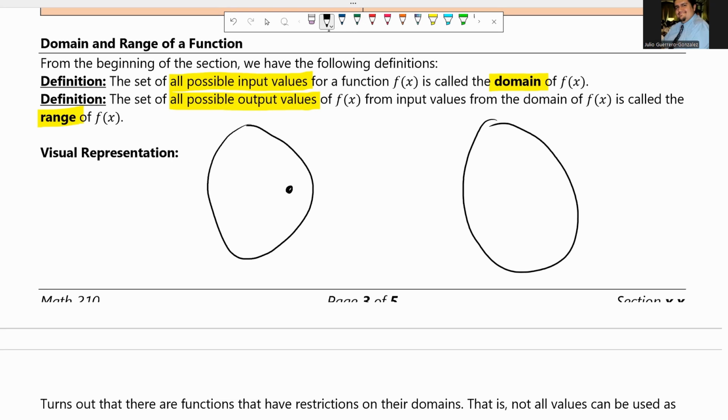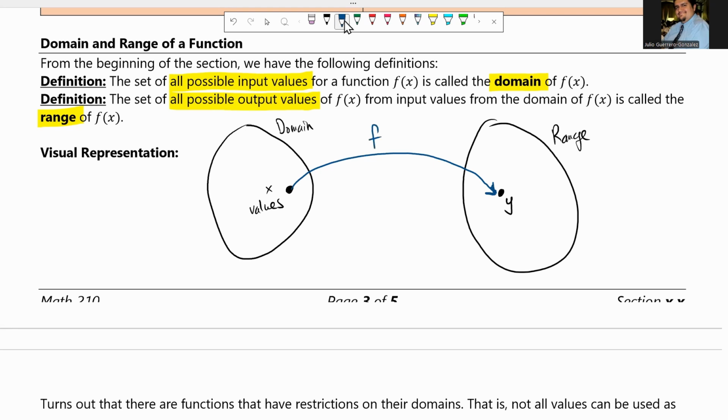Over here, you have x values. The collection of x values is the domain. And over here, you have the range. These are y values, but not all y values. It is all the y values that are associated to an x value in the domain.